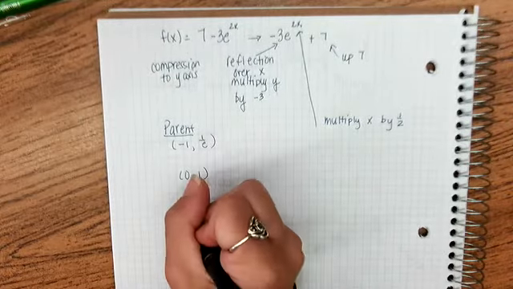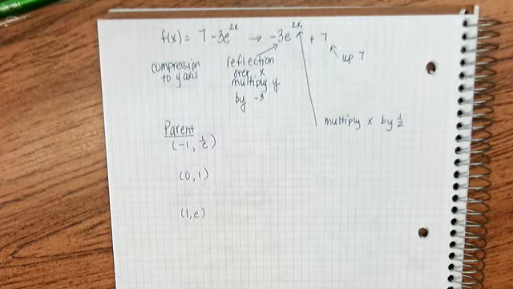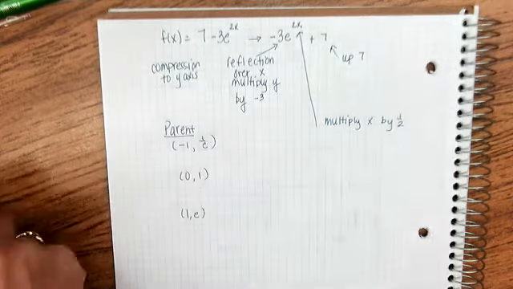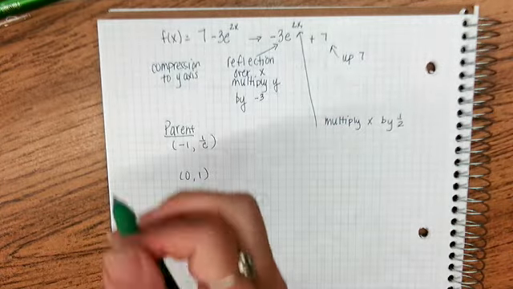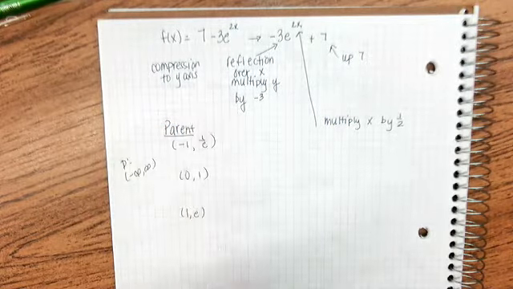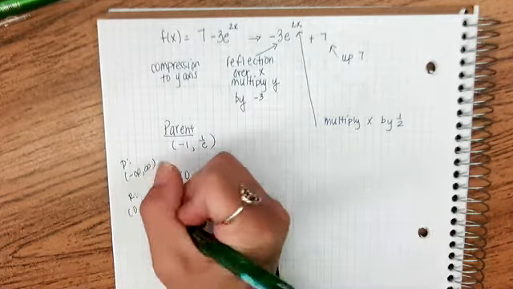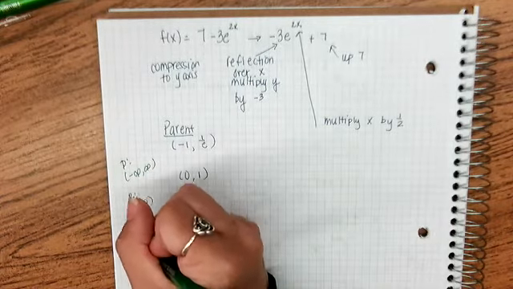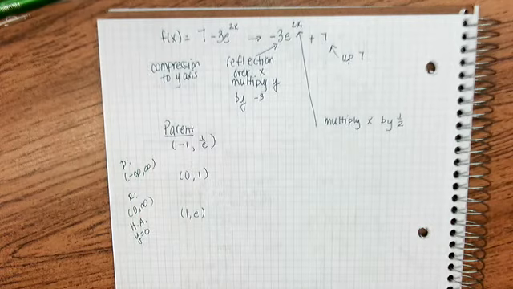The domain of the parent is -infinity to infinity. The range of the parent is 0 to infinity. The horizontal asymptote is at y = 0. An asymptote is what you approach but don't touch.